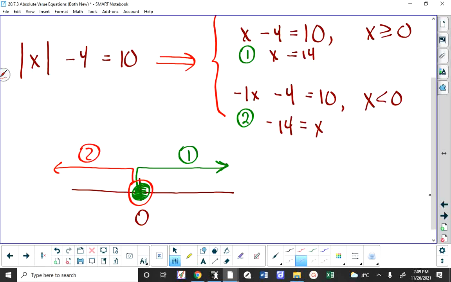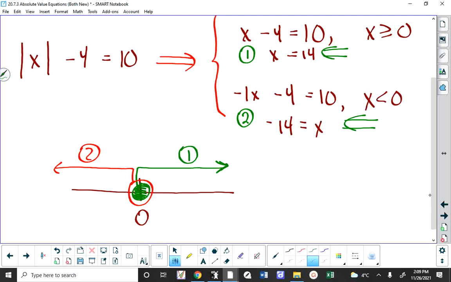Is this solution up here of x equals 14 in the domain for the equation that we used to get it? Yeah. That's equation 1. It's in the domain for equation 1. 14 is valid. Is negative 14, this solution, in the domain that came from equation 2? Yes. So they're both valid.